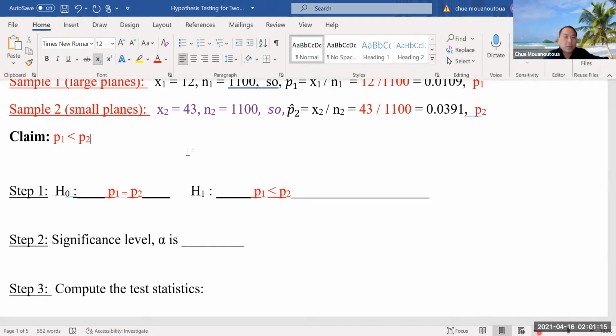So you see that this is a little bit different from chapter 8, because in chapter 8 we have a number, and here we don't have a number.